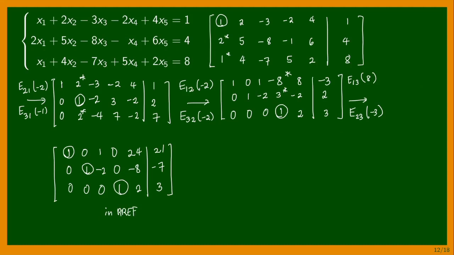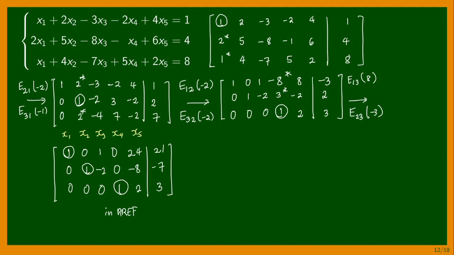I hope that you can see that we are already in RREF. Now remember, these columns correspond to the variables x sub 1, x sub 2, x sub 3, x sub 4, and x sub 5. You can see writing down the linear system.